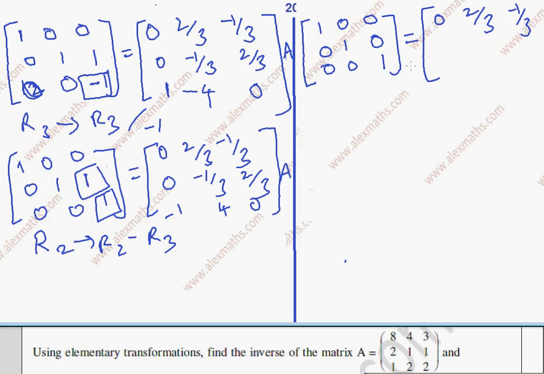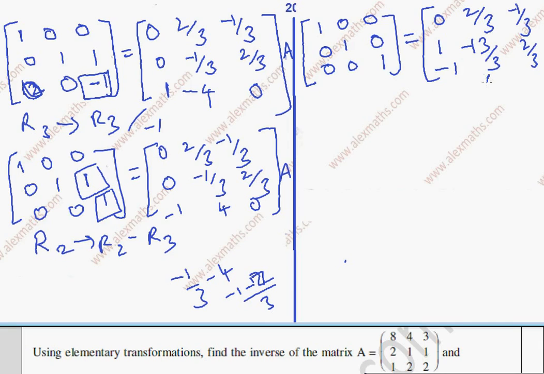Then R2 minus R3, this will become 1. Then minus 1 by 3 minus 4. So minus 1 minus 12 by 3. So minus 13 by 3. Then R2 minus R1, this will become 2 by 3.